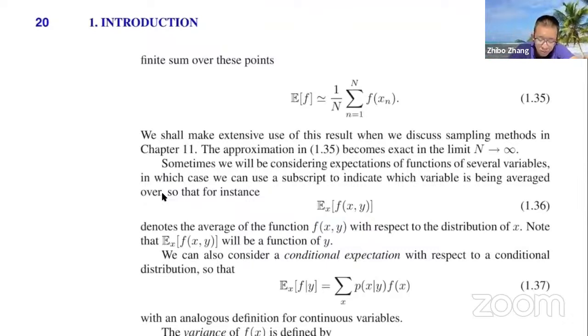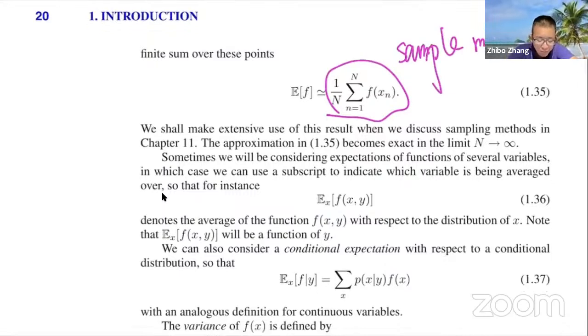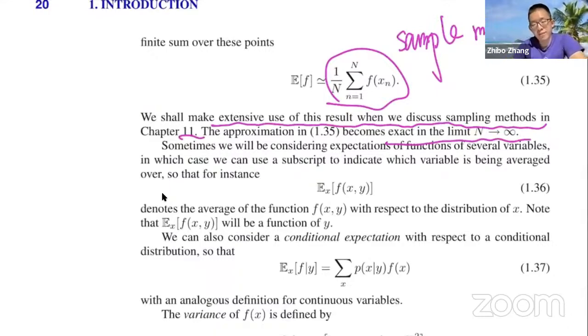You can call it a sample mean. We shall make extensive use of this result when we discuss sampling methods in chapter 11. Its approximation becomes exact in the limit N goes to infinity.